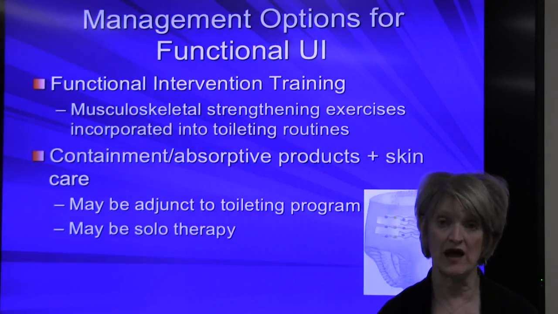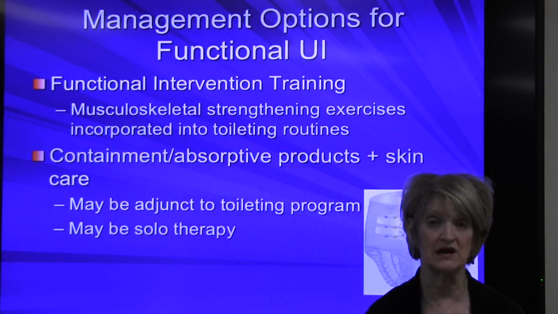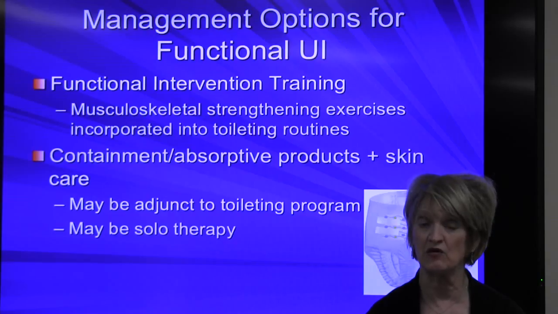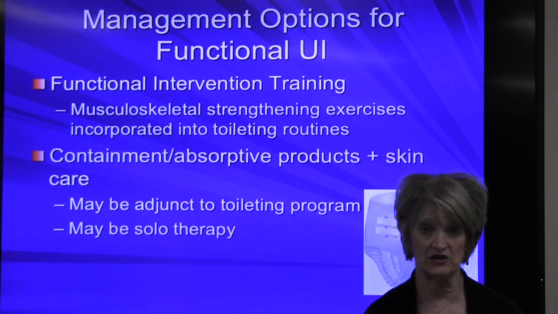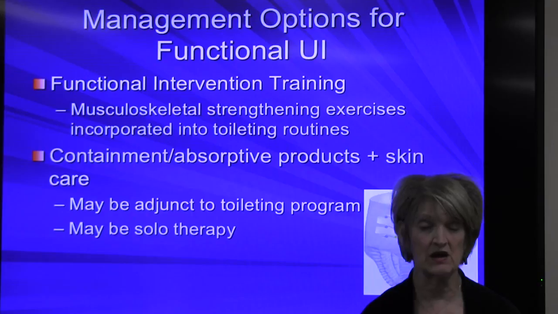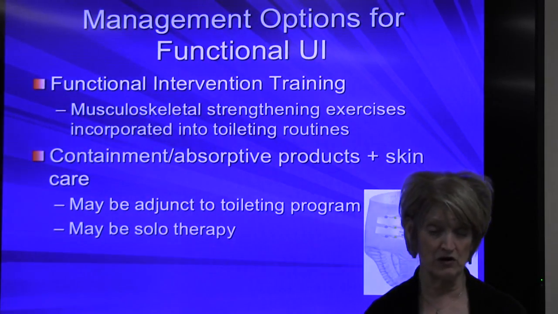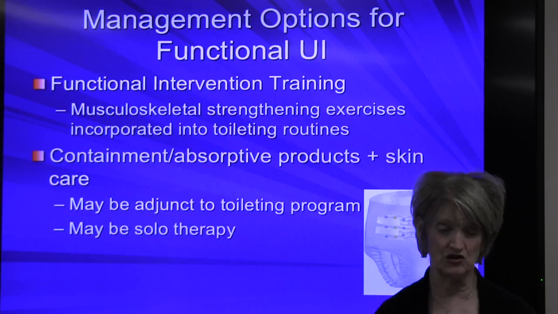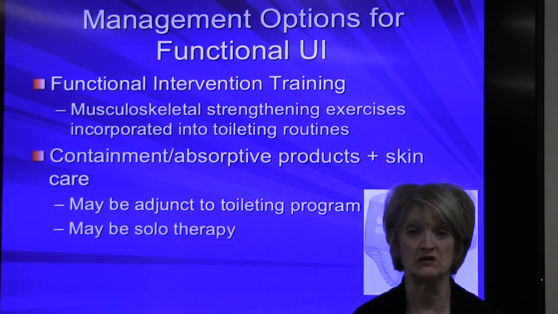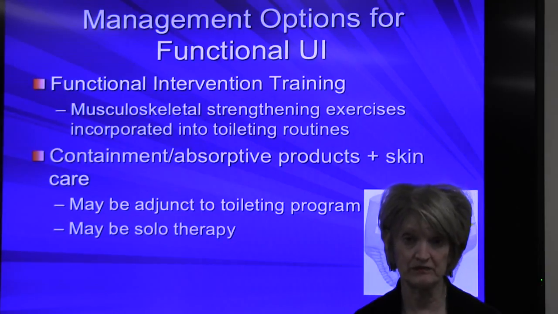And of course, if you have them in absorptive products, they also need to be on a skincare program. So they're checked, they're changed at appropriate intervals, and they're being routinely managed with a moisturizer and moisture barrier combination. So most of the time, for most of your patients with functional incontinence, your absorptive or containment products are adjunct therapy. But what if you have a patient who's not ambulatory?